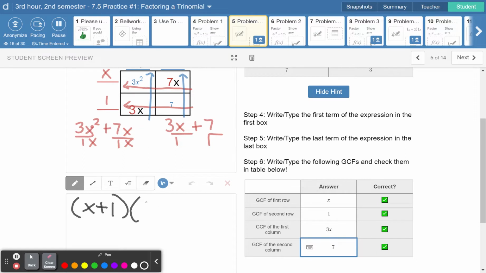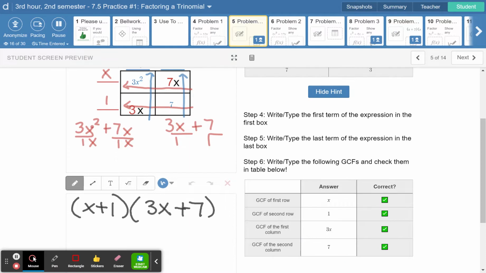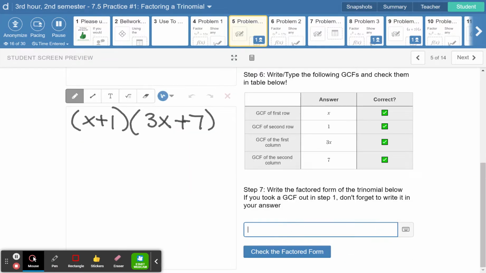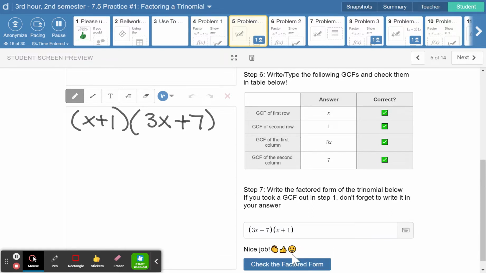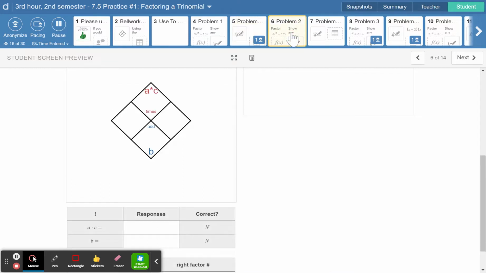My blue side is 3x plus 7. Now as long as you group them together like that, your answer will be correct. However, you are allowed to write the 3x plus 7 first if you wanted to. So I'm going to write that in parentheses. And there you go.